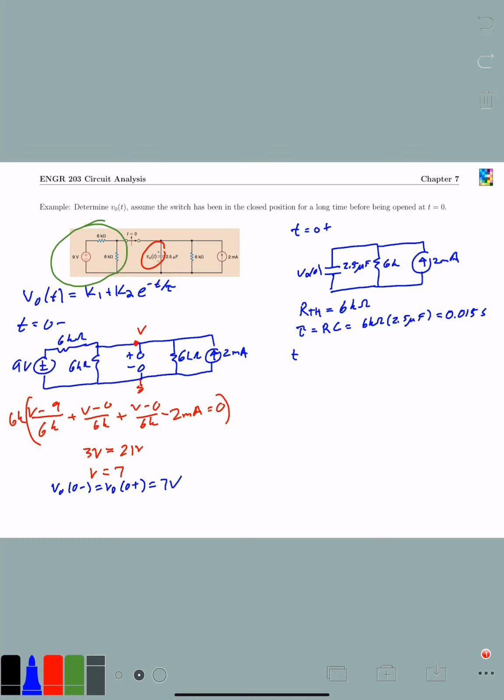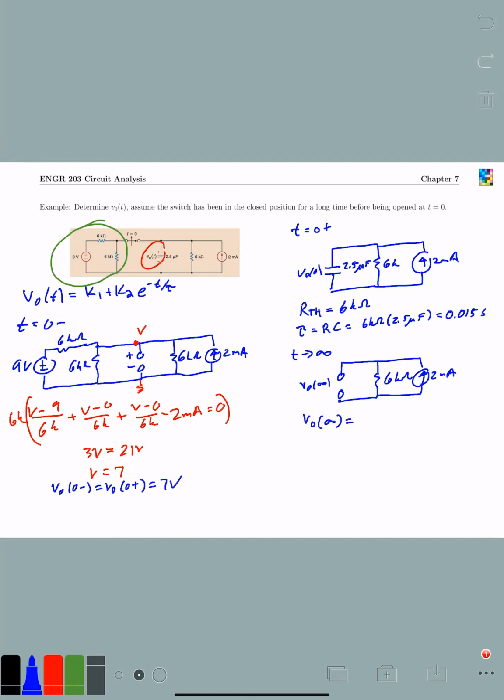And then the third and final time period, we look at infinity. When we're back to infinity, we are at an open circuit for a capacitor. And I want to find the voltage here at infinity. Well, in this case, because it's an open circuit, that 2 milliamps is all going to go straight through the 6 kiloohms, which is in parallel with the V0.